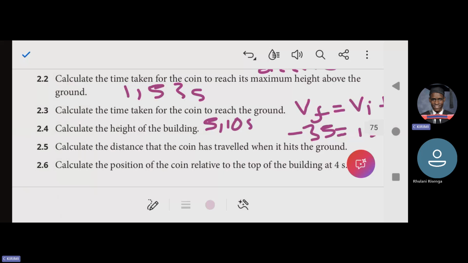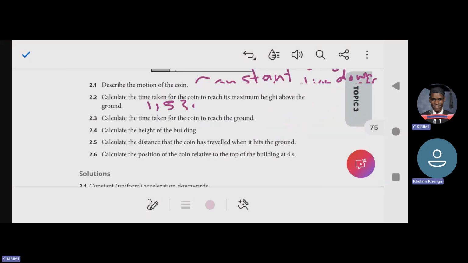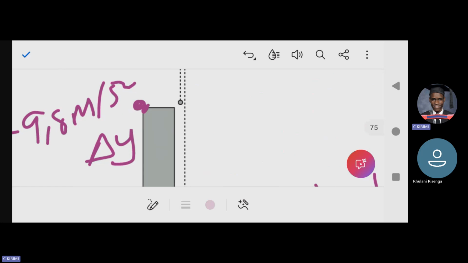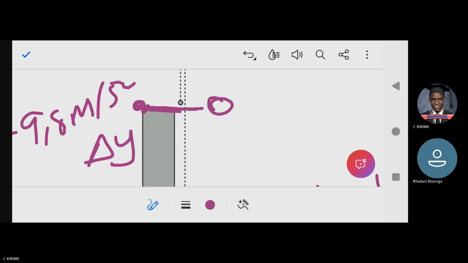But when you're calculating, did you get a negative? Yes, negative 51.02. So what does a negative tell you? That the ball is going downwards. The negative tells you that this is your reference point, which is 0.